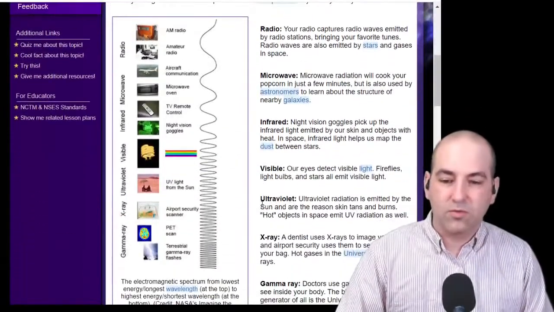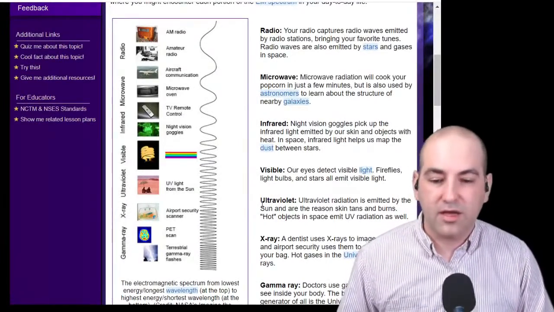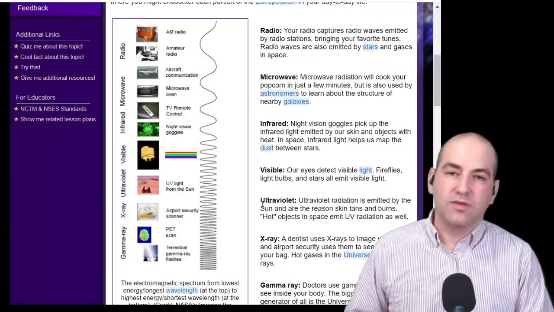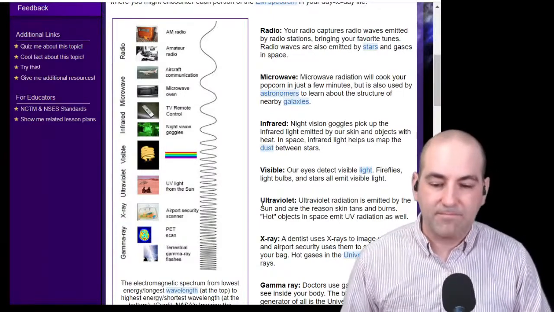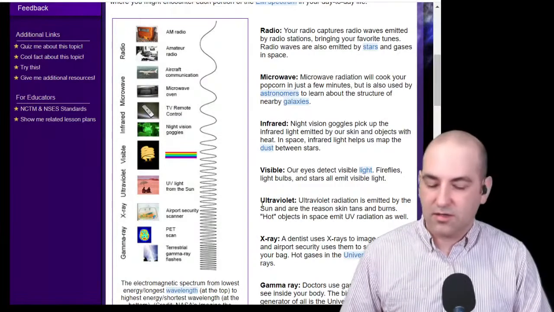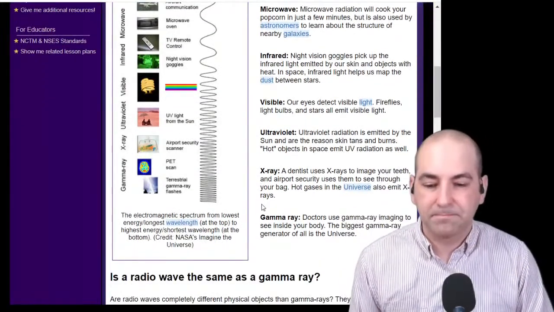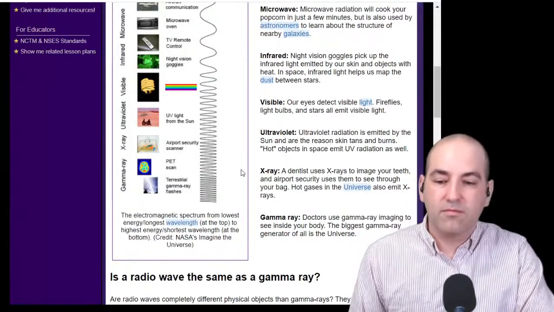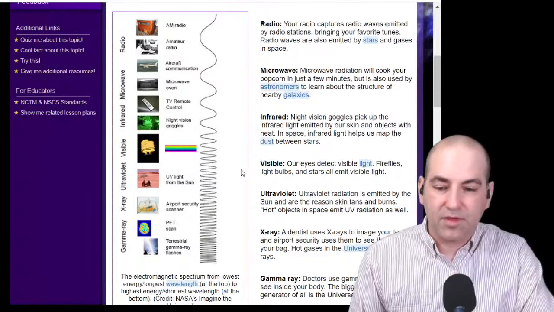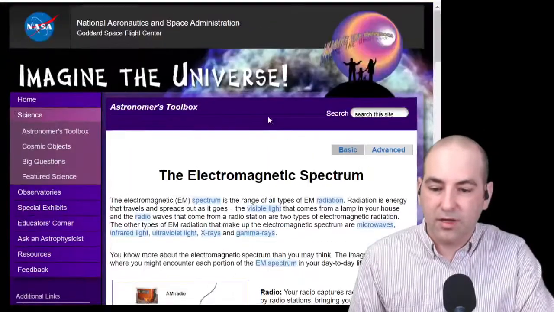So things like radio waves, which are a type of light, microwaves, also a type of light, and then the ones that we think of more as light, like infrared, visible, ultraviolet, and then the higher energy parts of the spectrum here, X-rays and gamma rays, also types of light, but they differ by the amount of energy and the wavelength.